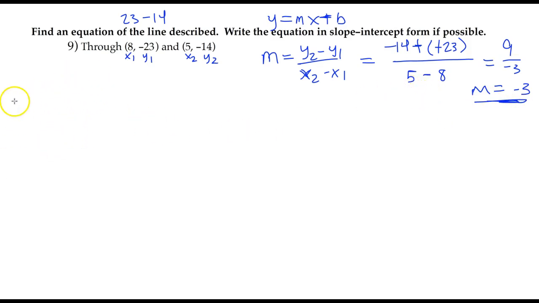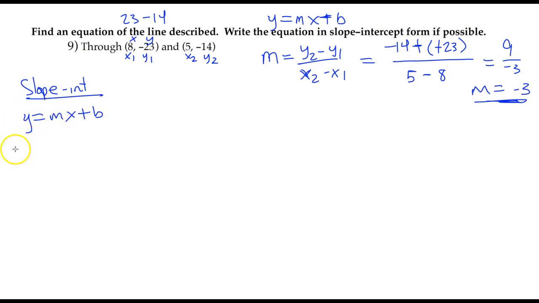So now what we're going to do is, if we use slope-intercept form, if we want to find the equation of a line, we just write this form here, and we're going to use one of these 2 points. I'm going to use this one and just call this x, call that y. And for the slope of negative 3, we're going to plug that in for m.